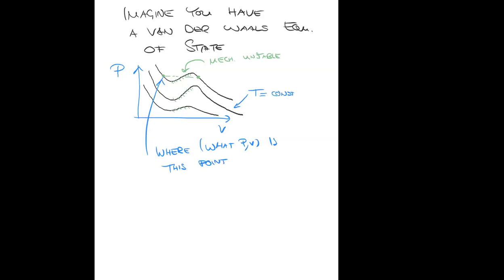One way to figure this out, which is ultimately what we're about to do, is that once you have the pressure as a function of the volume and the temperature, you can always, by thermodynamic formulas, reconstruct the Gibbs free energy. And we know that these 2 points, the 2 green dots, must not only sit at the same pressure, they must also sit at the same Gibbs free energy.